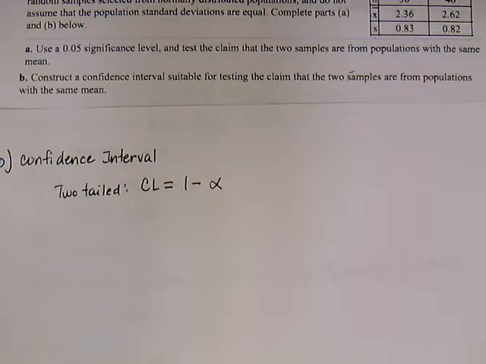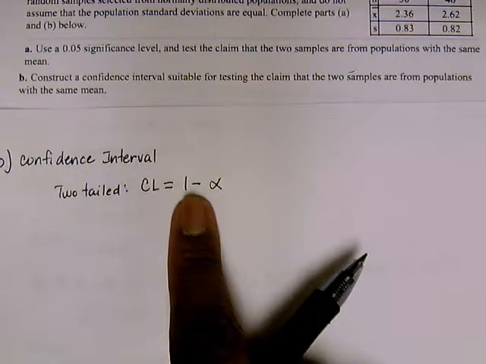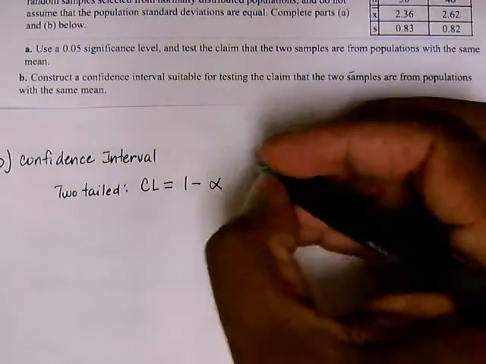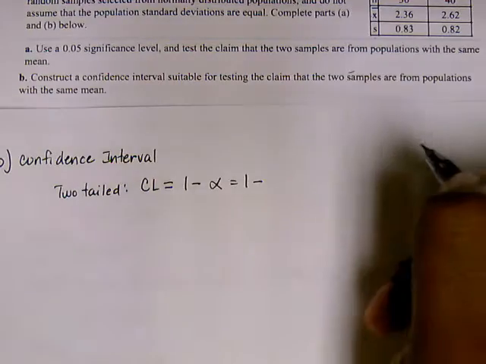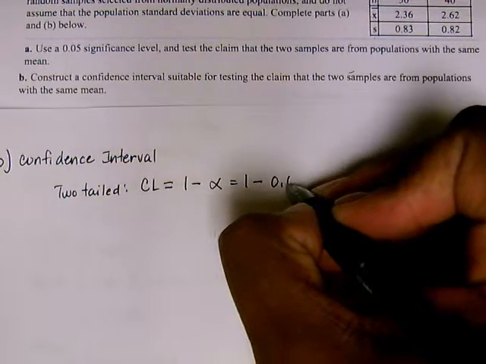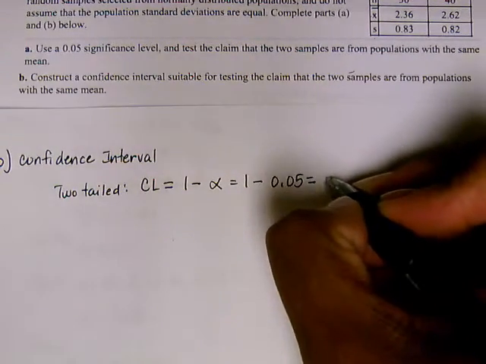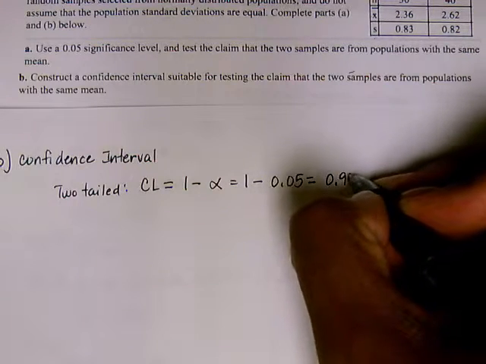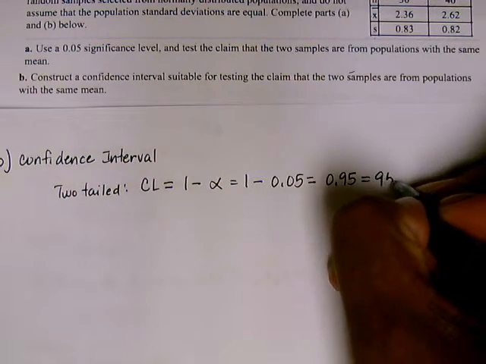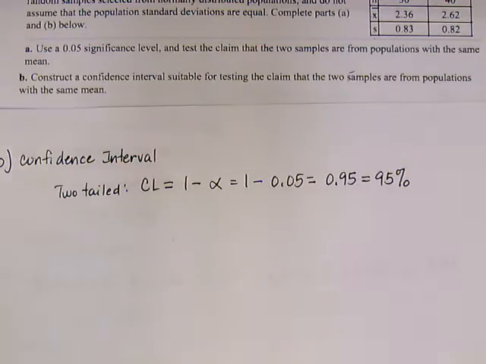But here, a two-tailed test means your confidence level is 1 minus that alpha level, which will be 1 minus 0.05, which will be 0.95, or 95%. So here we're going to be dealing with a 95% confidence level. So we're constructing a 95% confidence interval.